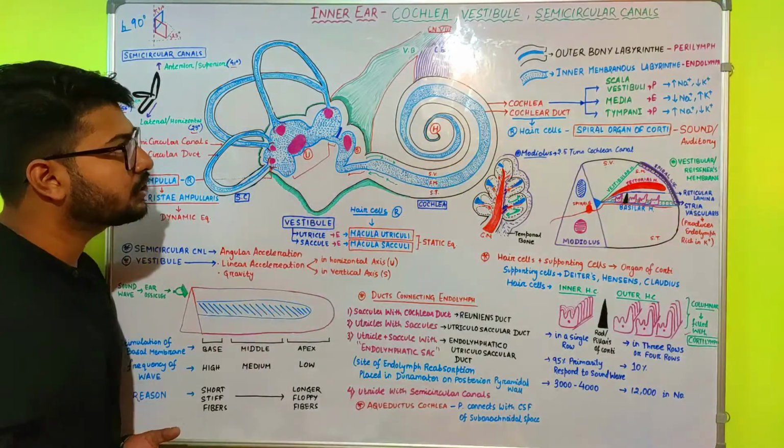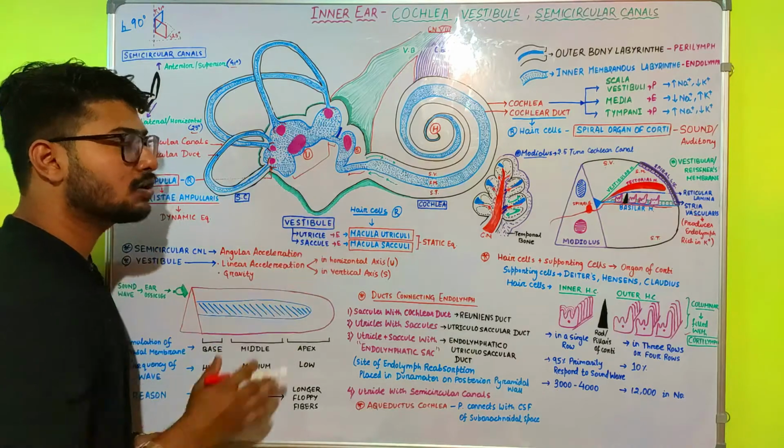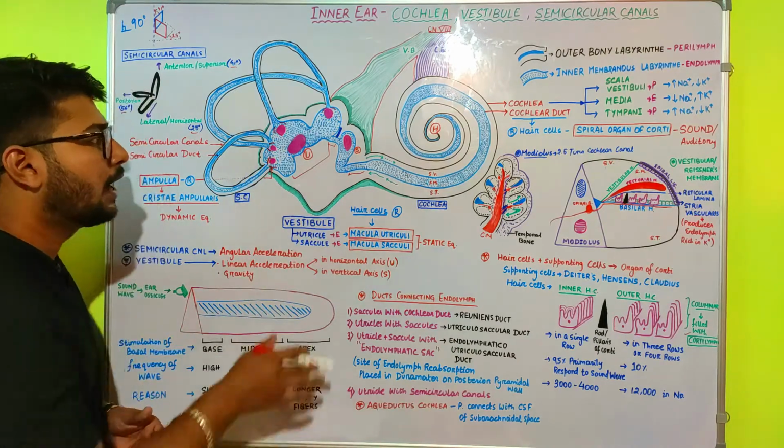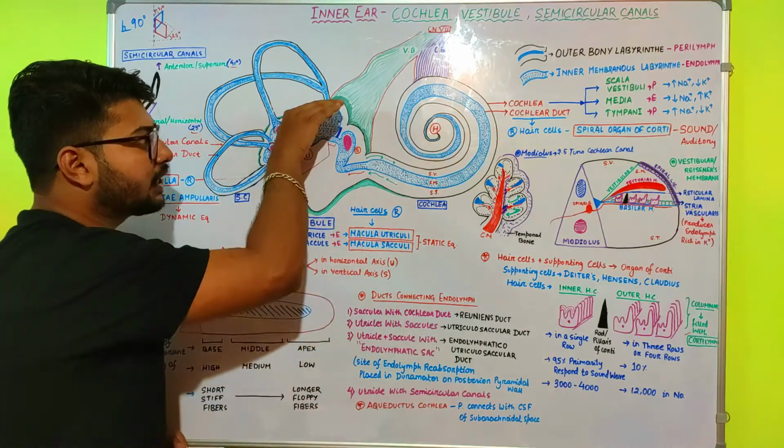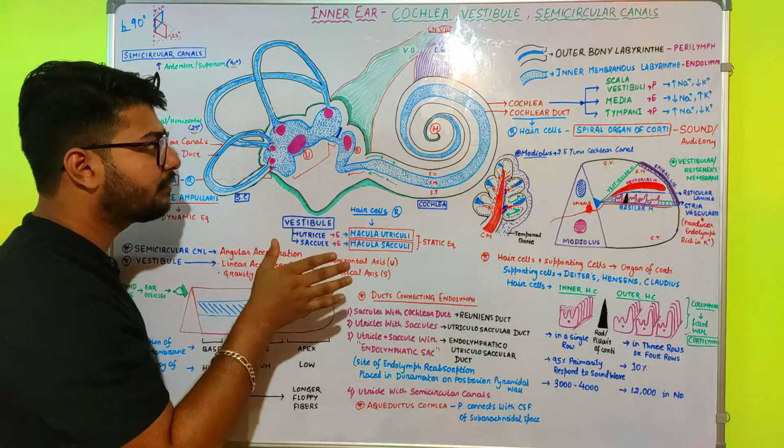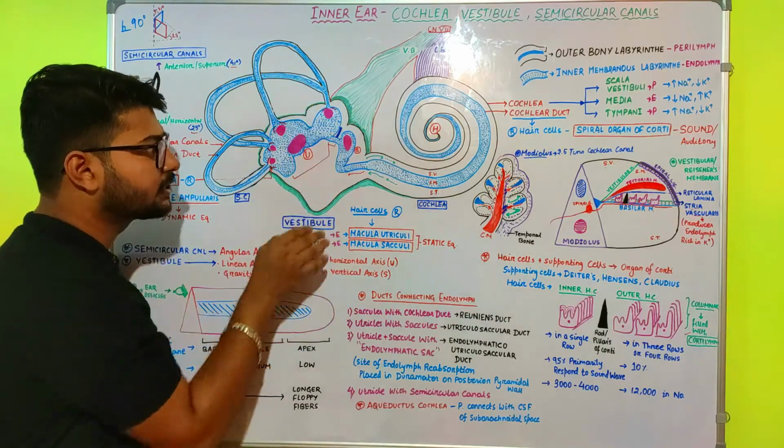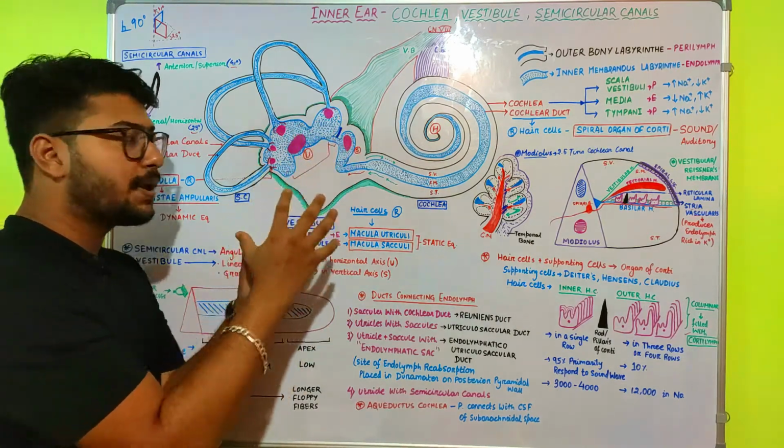Here you can see the vertical cross section of the inner ear. Just imagine that the vertical cross section I have taken is in a curved direction, like a spherical structure.